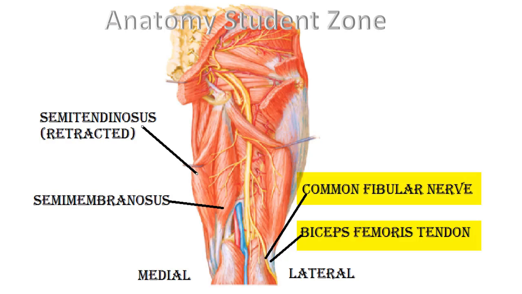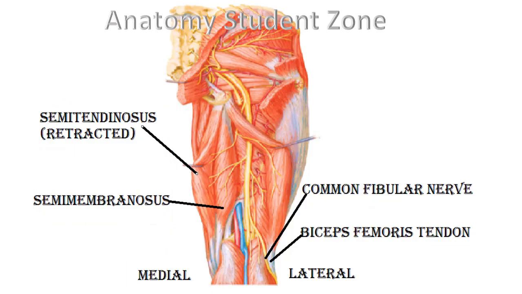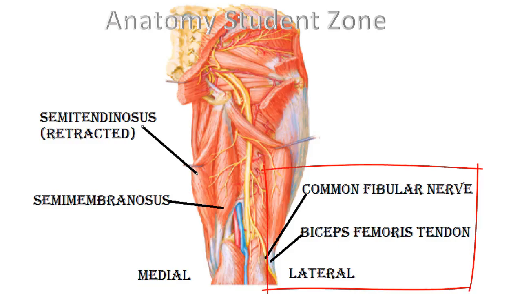As I told you initially and keep telling you again and again, on dissection, or when you observe a model of the posterior aspect of the thigh, laterally we have biceps femoris, and medially we have semitendinosus and semimembranosus. So it's quite obvious that the structure in relation on the lateral side will be biceps femoris, because on the lateral side the bone is the fibula, and also on the lateral side the nerve is the common fibular nerve. So the common fibular nerve is in close relation with the biceps tendon.